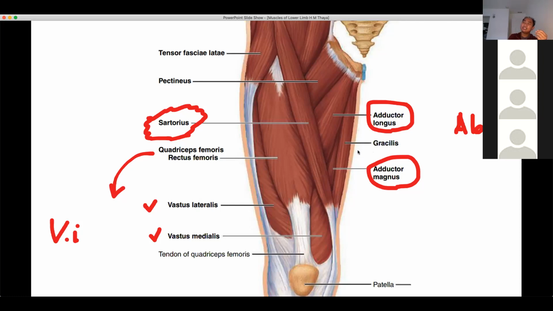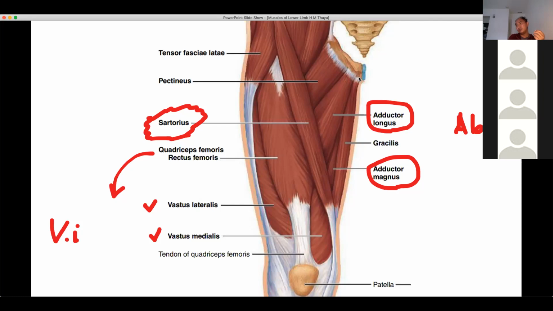And this combined adductor tendon is on the pubic bone, which can be easily seen, or you can easily feel on yourself in your groin.